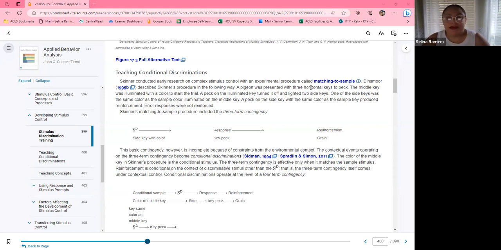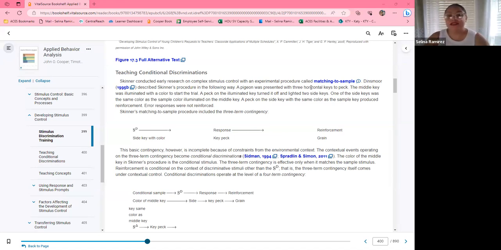So remember last time how we talked about how when teaching discrimination, you are using extinction and differential reinforcement. The pigeon is only going to get reinforcement when he matches the correct color with the color in the middle.